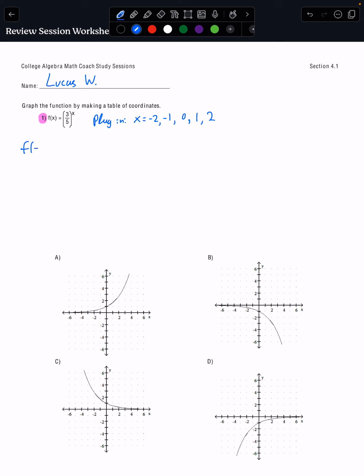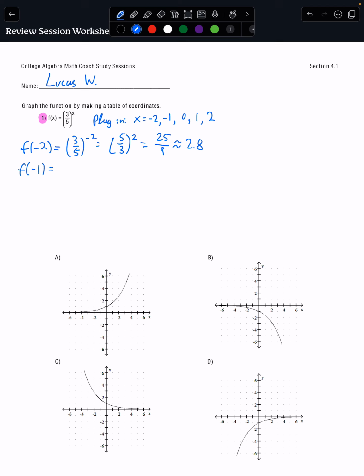If we plug in -2, our exponent becomes -2, which can also be written by just flipping these and taking the regular square. Gives us 25/9, which is roughly 2.8.